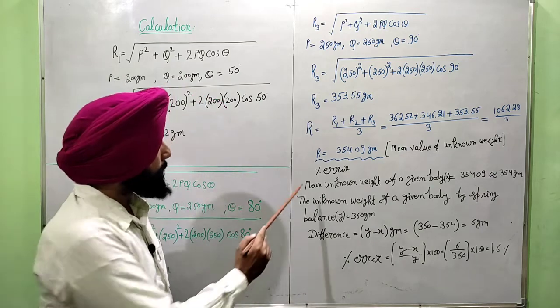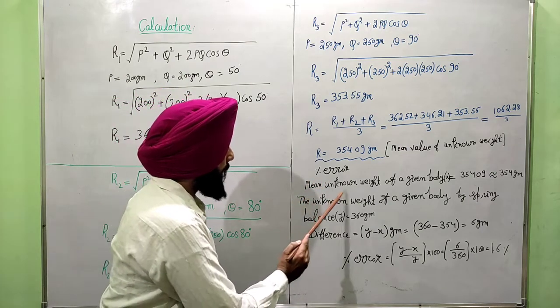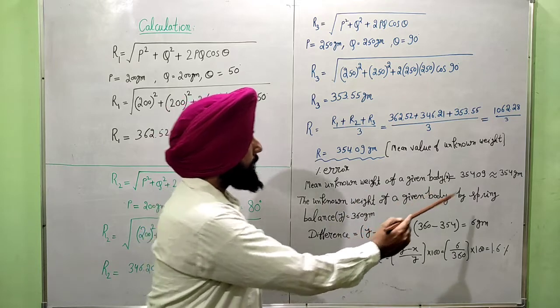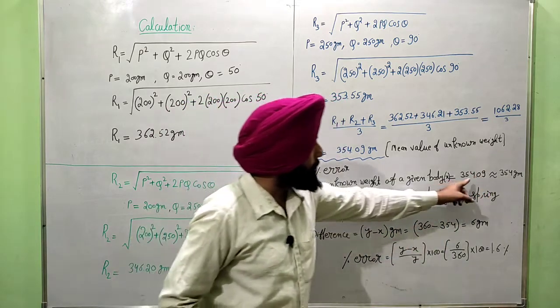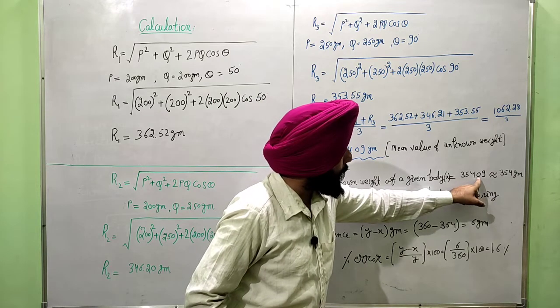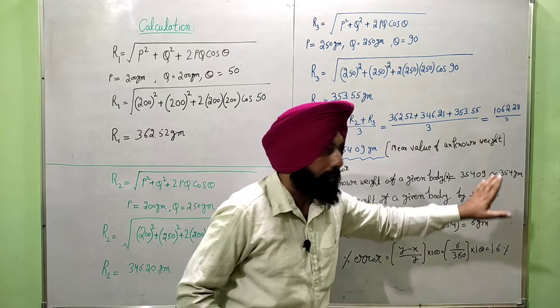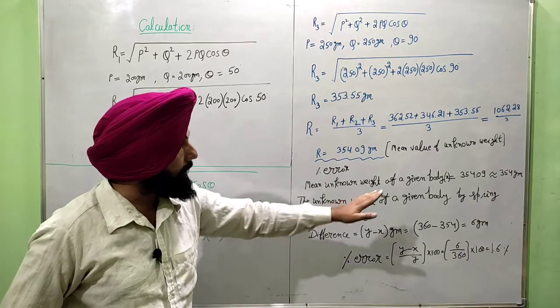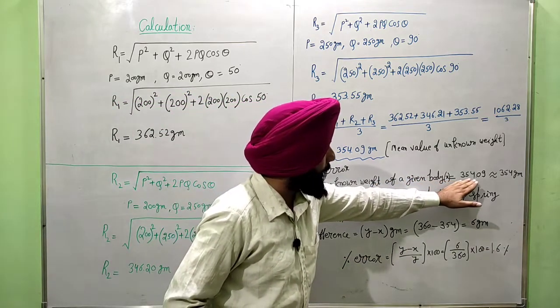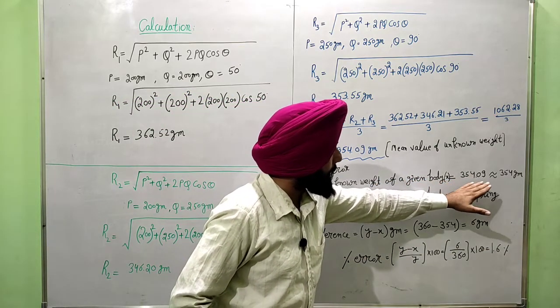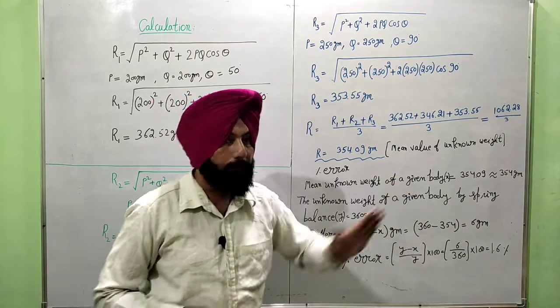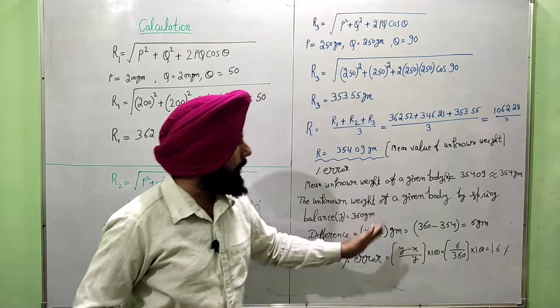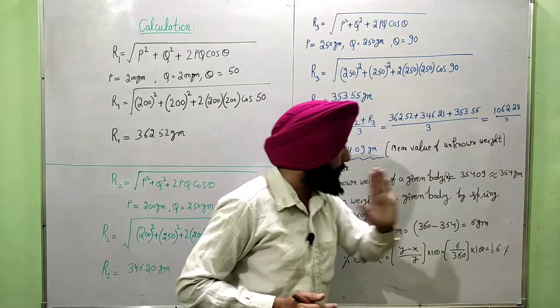Now percentage error. The mean unknown weight of the given body is approximately 354 gram. I am excluding the value of 0.09; instead of 354.09 I am writing 354 gram. You can also do it with the decimal point. For my convenience I am taking 354 gram.